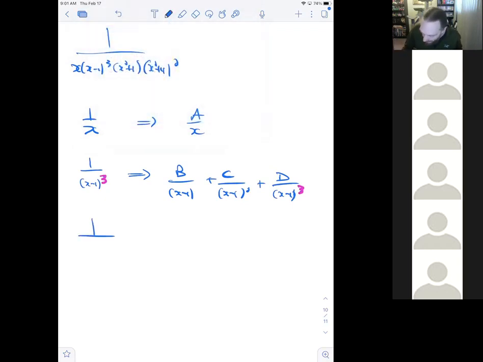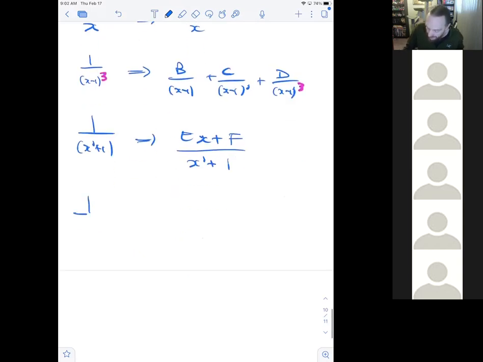I also have a 1 over x squared plus 1. That means I'm going to guess ex plus f over x squared plus 1. And then for the last one, I have 1 over x squared plus 4 squared.